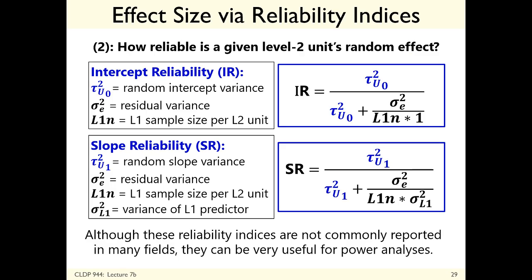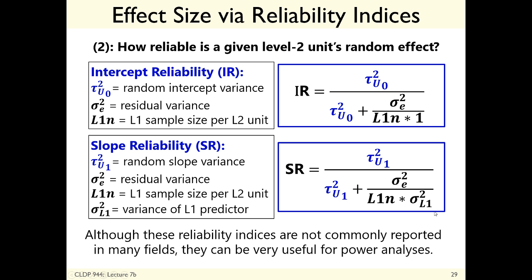So yes. These formulas kind of look like classical test theory. True over true plus some kind of relationship to error, right? So that's what I mean by reliability. It's like signal to noise. In this case, the residual variance has to be corrected for the level 1 sample size.